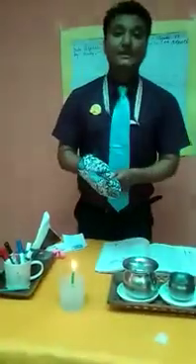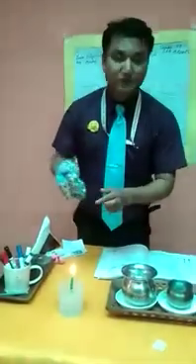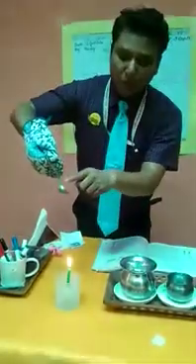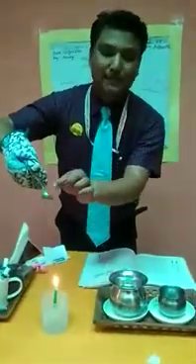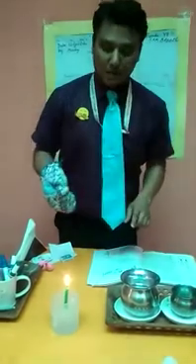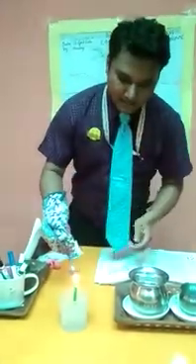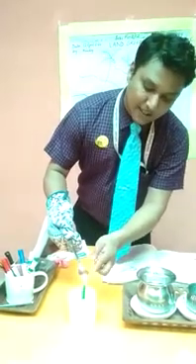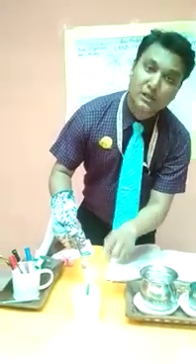Now, let's talk about conduction first. If you see, this is a metal spoon, a solid, and there are two points where wax has been put. Now, when I heat this metal spoon, there is a direct contact between the metal spoon and the heat source.